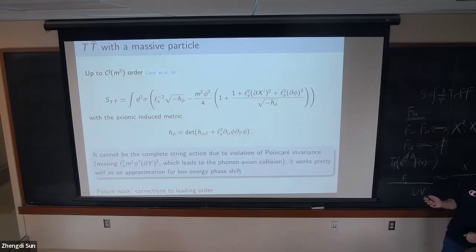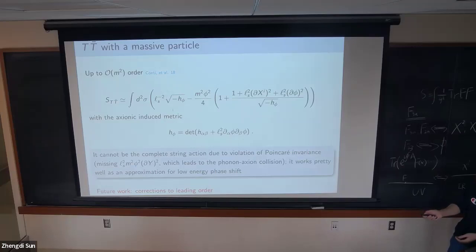From this action, we can actually work out order by order in terms of the string scale what kind of actions we have. And we soon see that it cannot be the complete string action, because this action does not preserve Lorentz invariance, in the sense that it is missing one term given by phi squared dy squared.